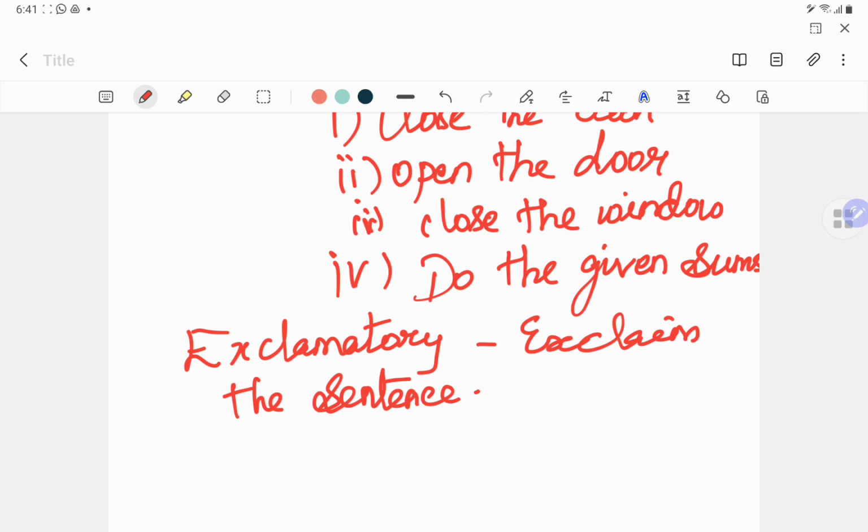Like, this flower is beautiful, that is a normal sentence, which comes under the assertive or statement sentence. But, wow, what a beautiful flower, that comes under the exclamatory sentence, because you exclaim that sentence by using the word wow. So that is called an exclamatory sentence.